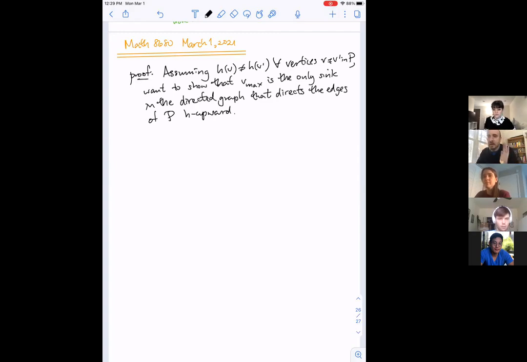That's really the only issue, because we've assumed that you can't have two different vertices achieving the same value. So there will be only one Vmax.